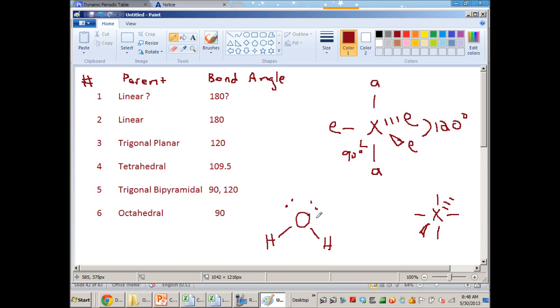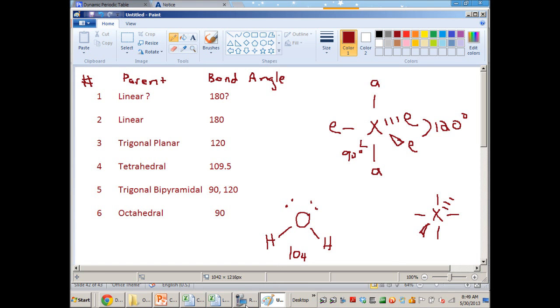Because lone pairs aren't stretched out, they end up taking a larger slice of the coordination sphere around the oxygen. As a result, they will hog some of the coordination sphere. So instead of 109.5 degrees, it's actually closer to 104, I think 104.9 or something.